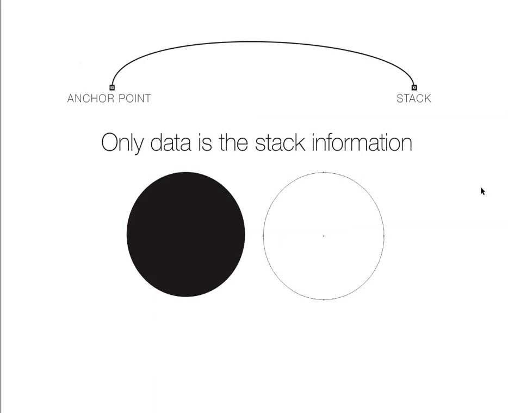One way to look at it is vector graphics are virtual. They don't really exist until you finally say, okay, I'm committing to this, and you output. That's why they're scalable. If you look at an example here where we have a circle, it's a solid black circle, and on the left you see the circle, on the right you see the wireframe for the circle, and you can see the anchor points that create the circle.